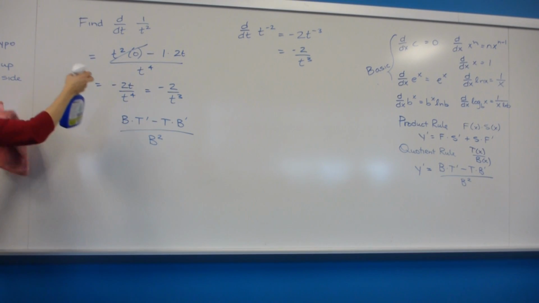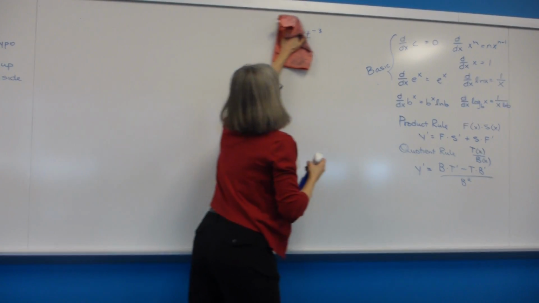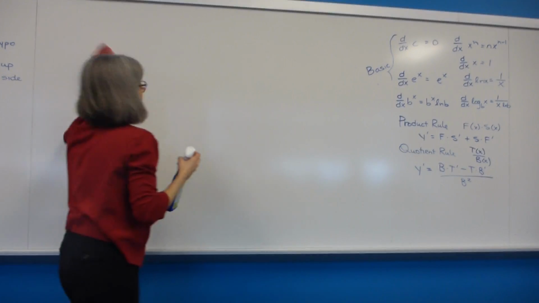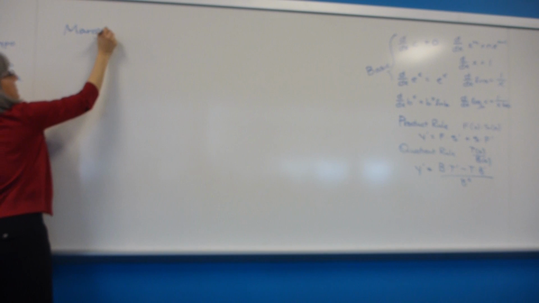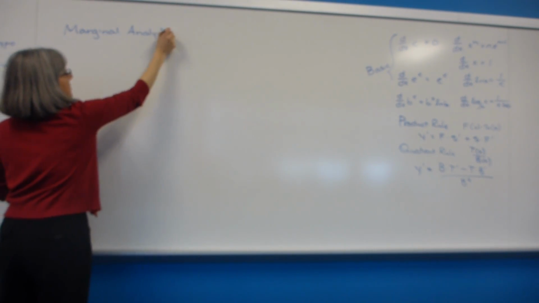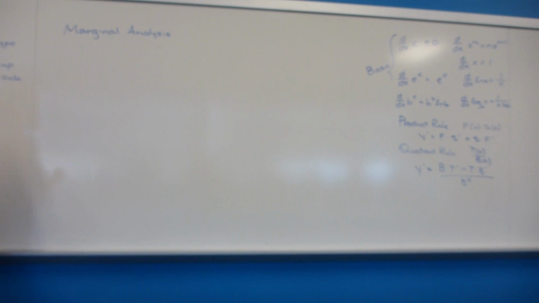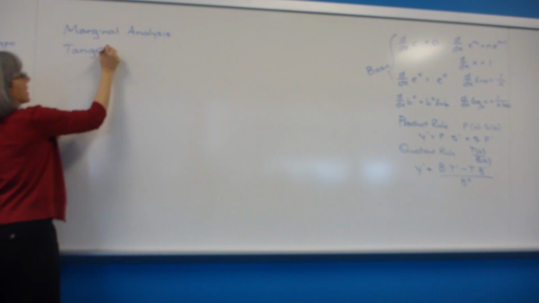All right, let's look at some applications. Tell me some applications of derivatives. When do we use derivatives? Marginal analysis, that's a good one. Slope, yeah, slope of what? Tangent lines. Oh, I got one. Okay, good, go.